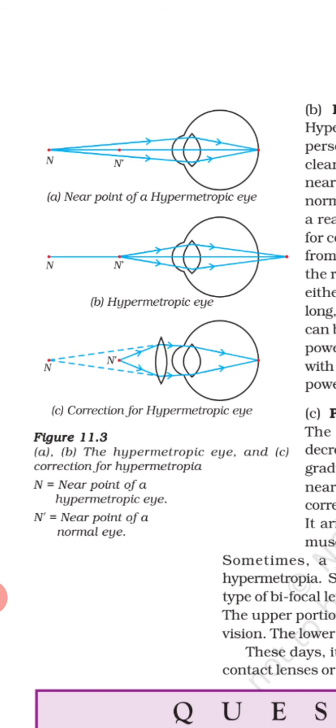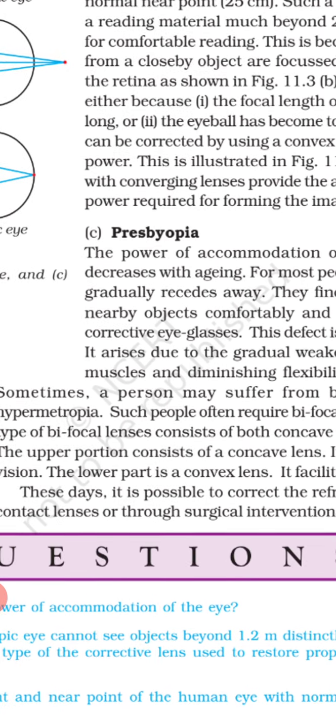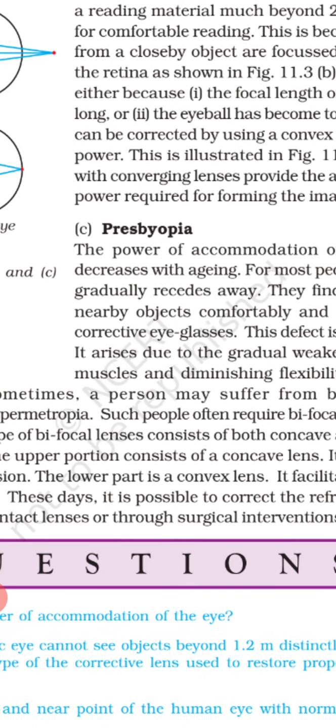Okay, clear? Next we have the third type of defect, that is presbyopia. The defect in which a person can't see the nearby object and the distant object, like in old persons, is called presbyopia. In which case the person can't see both nearby and distant objects, what do we call that defect? Presbyopia.